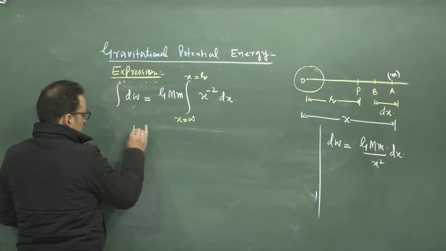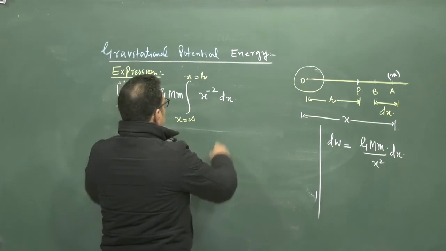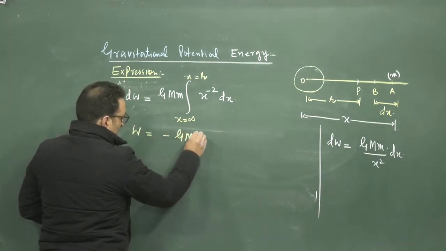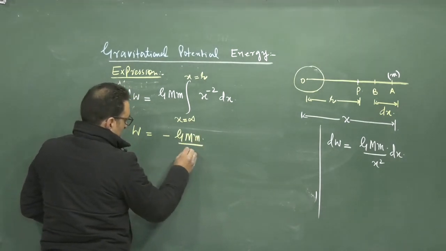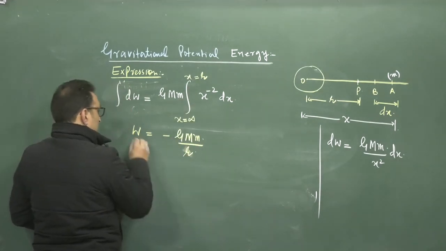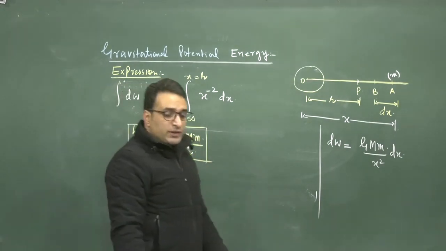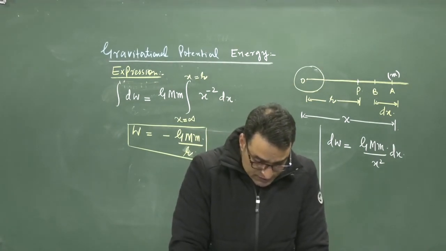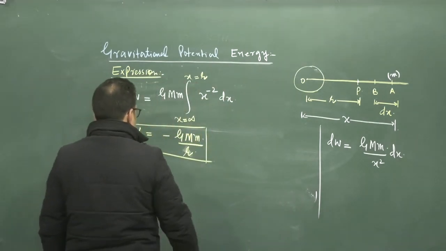Now, this can be written as W is equal to, when you will integrate this integral, you are left with minus G capital M small m by x, from infinity to r. This is the amount of work done in order to bring a body of certain mass from infinity to the given point.